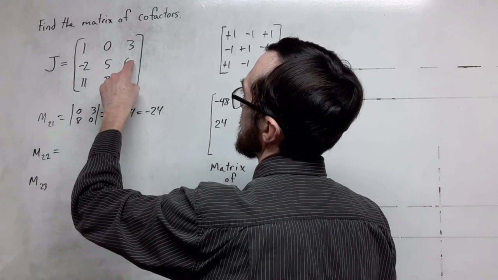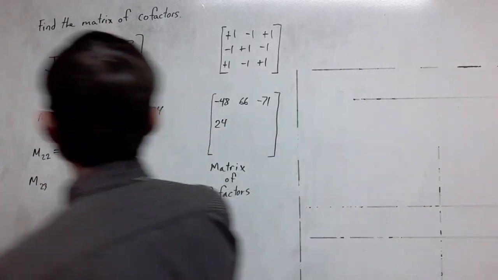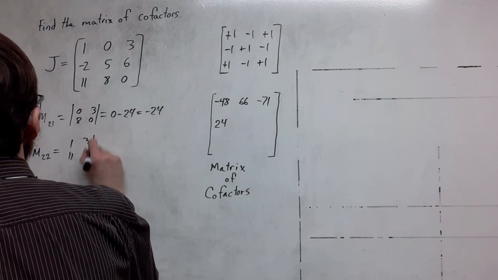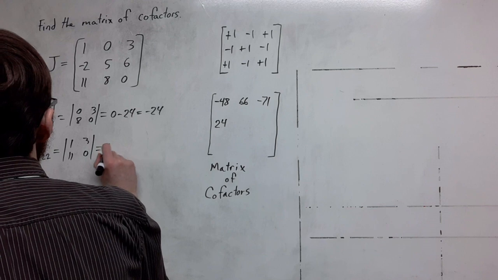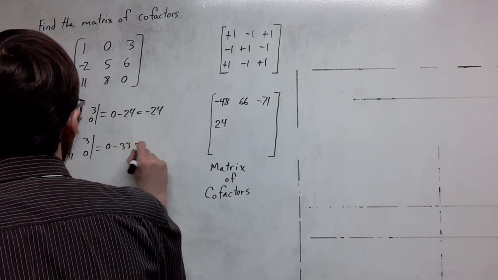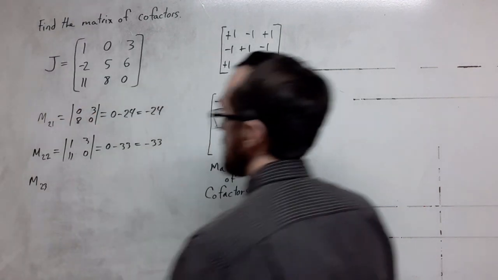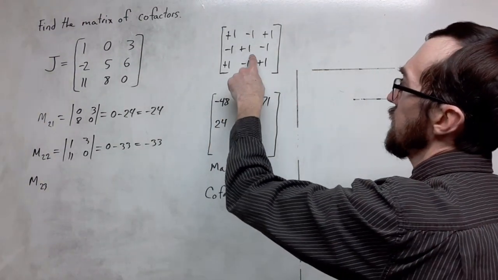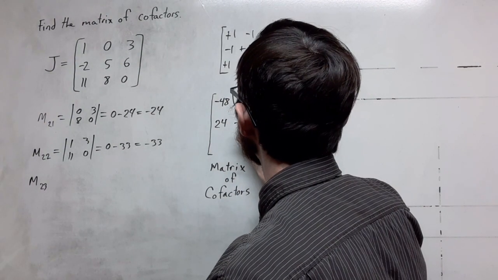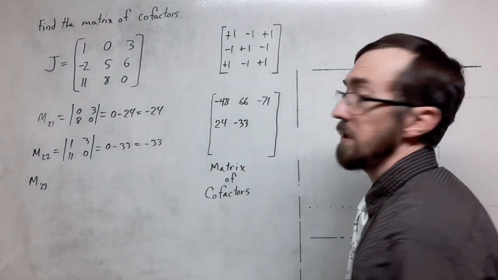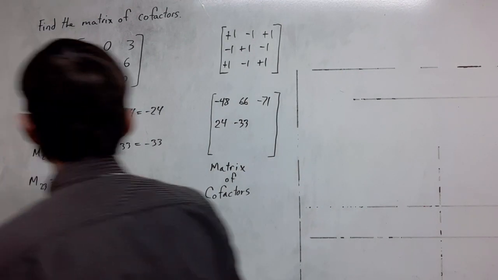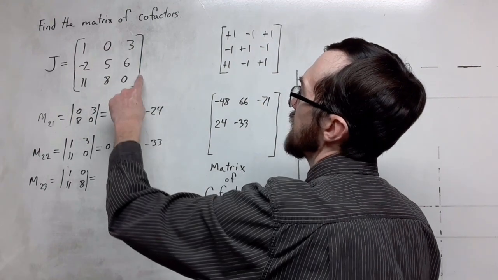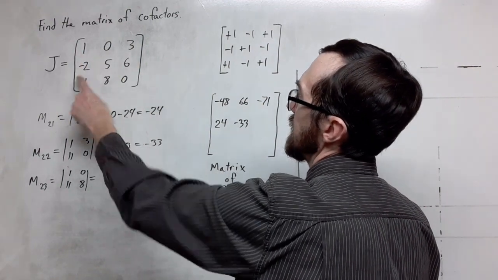Eliminating second row, second column, we have 1, 3, 11, 0. And the determinant of the minor is going to be -33. We multiply by a +1, so this will be -33. Eliminating the second row and the third column, we are left with 1, 0, 11, 8.